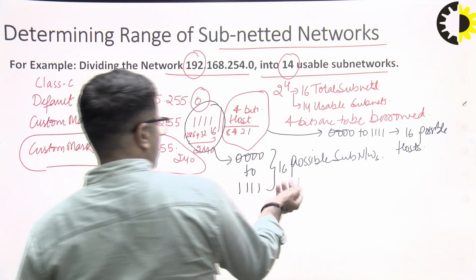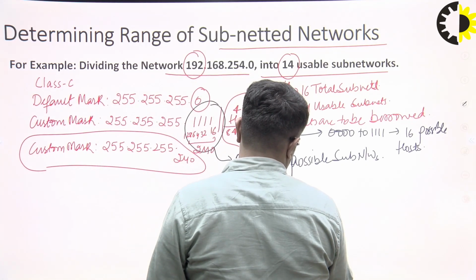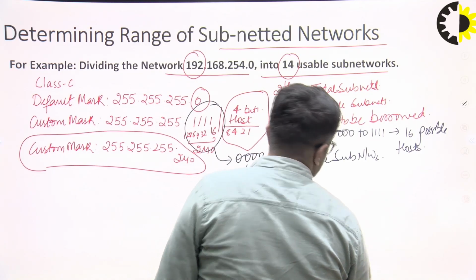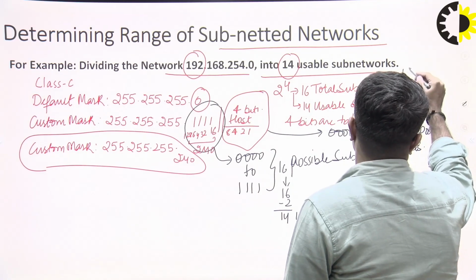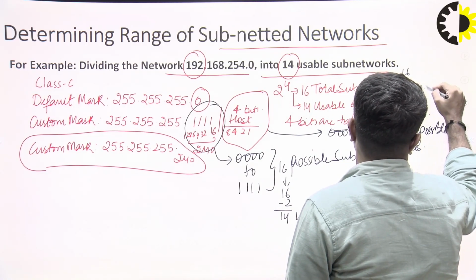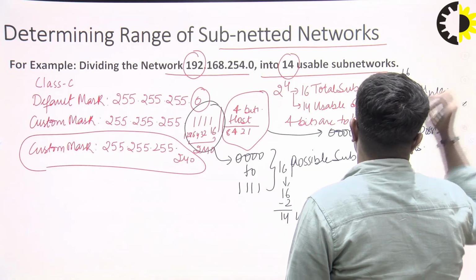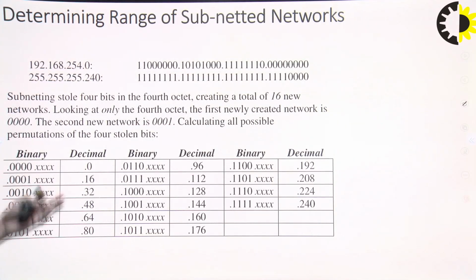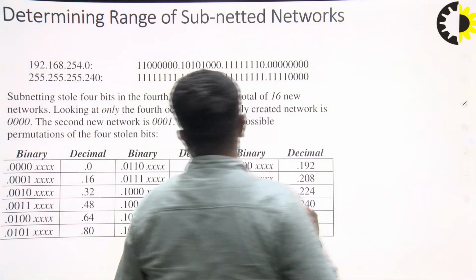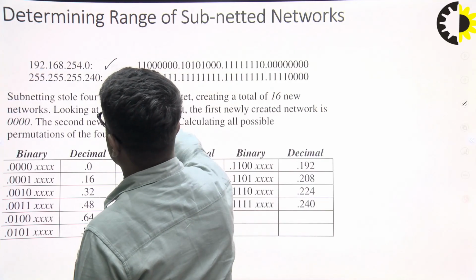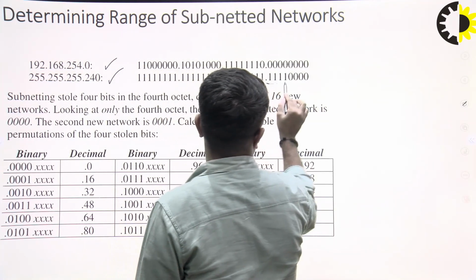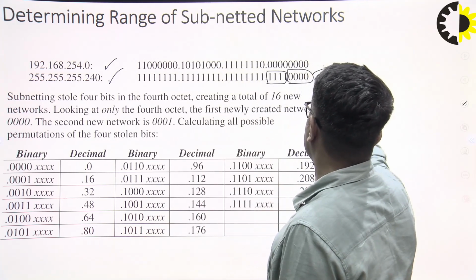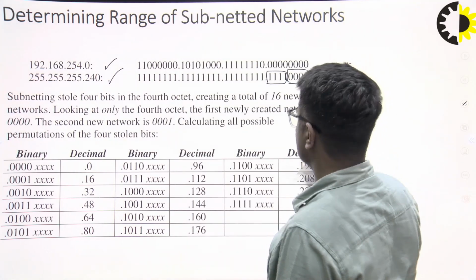But of these 16 possible, 16 minus 2, 14 will be usable. Similarly here, 16 minus 2, 14 usable. This is a basic calculation. This is the default mask, and this is the updated mask, because we have stolen 4 bits from the host part, and these 4 bits are for the host.